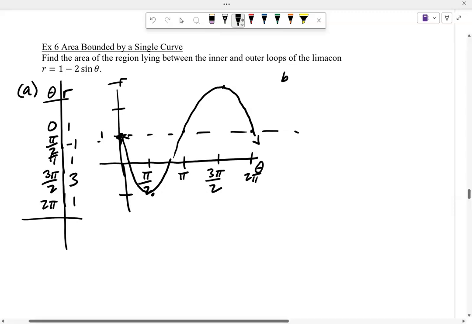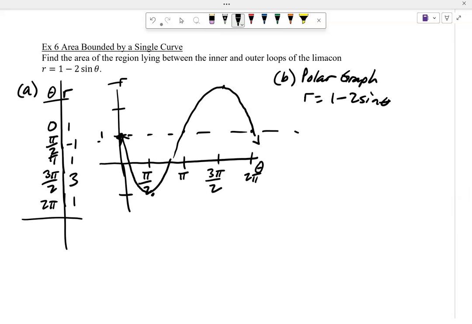Let's go to our polar graph now. Now if I'm looking at this, this ends up being a limaçon, I'm sorry. So a plus or minus b sine of theta if you're looking at your handout.